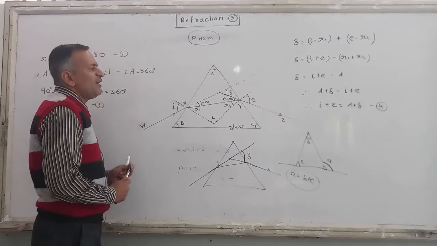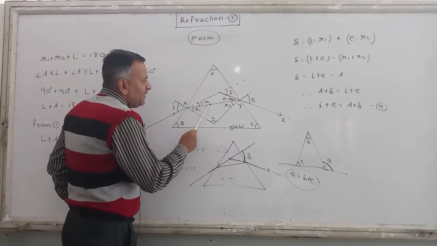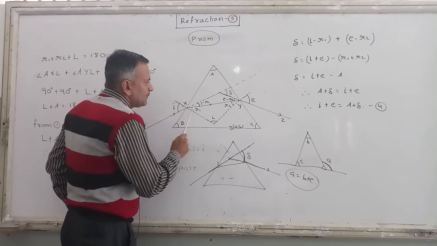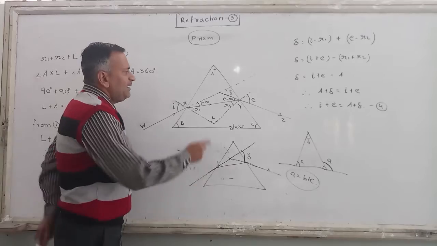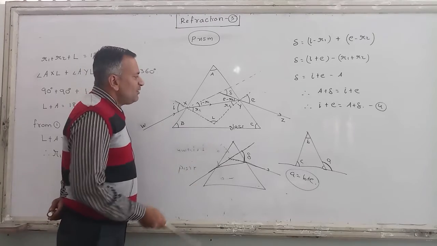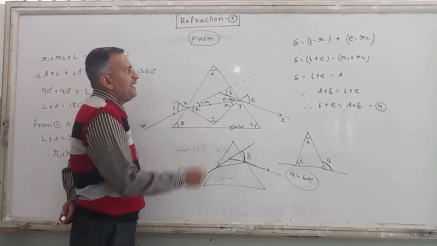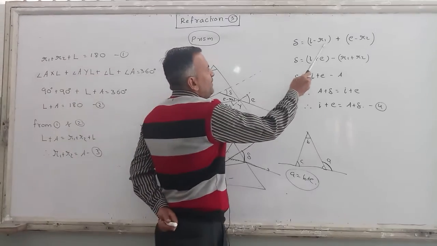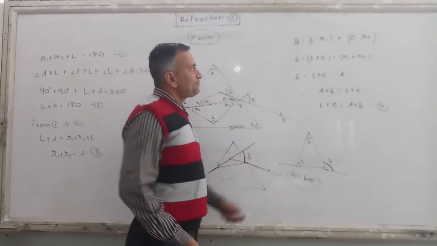So in this triangle, अभी देखो एक और triangle निकल के आ रहा है यहां पे, this triangle, okay, what is the exterior angle? Delta. Remote interior angles कौन से हैं? I minus R1, E minus R2. So can I write? Delta is equal to I minus R1 plus E minus R2. अभी क्या?